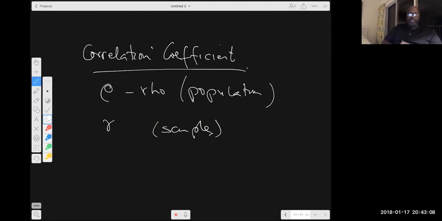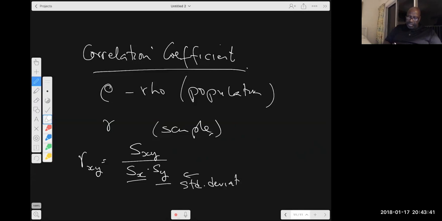Now, the book gives you the following formula for samples and populations. For samples, it will give you RXY is equal to SXY over SX times SY, where essentially SX and SY are standard deviations.